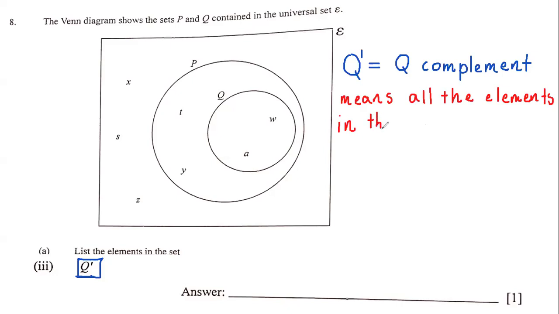So Q complement means that we want all of the elements in the universal set except what?